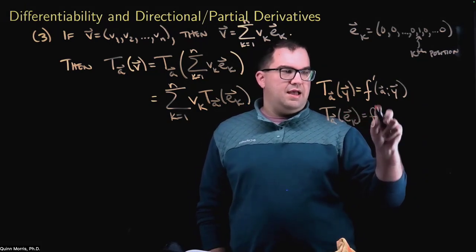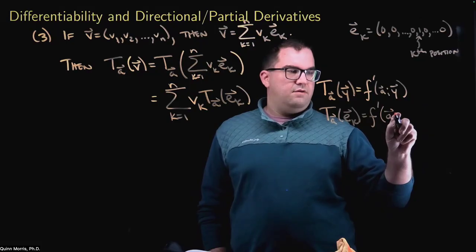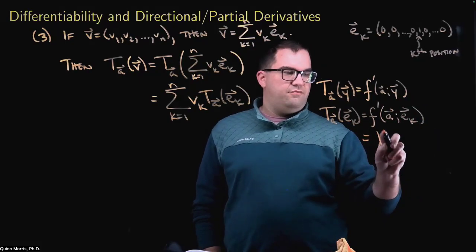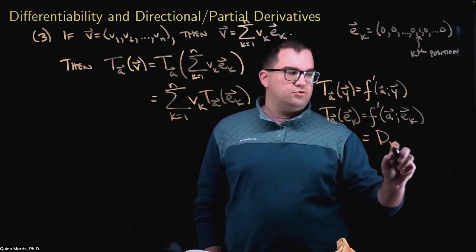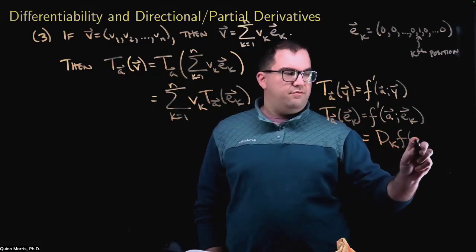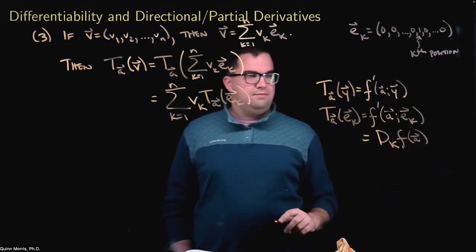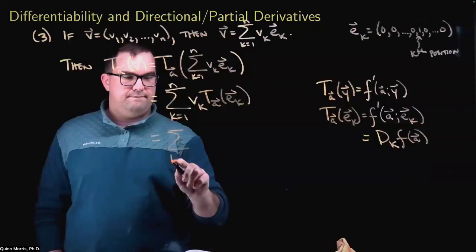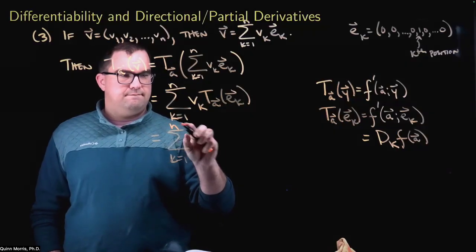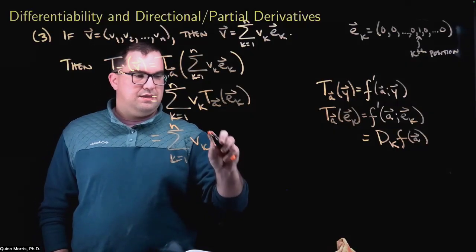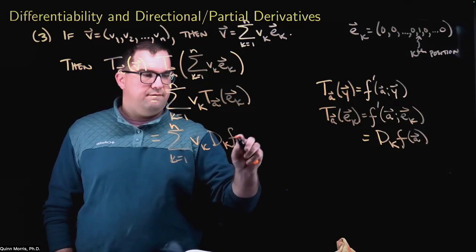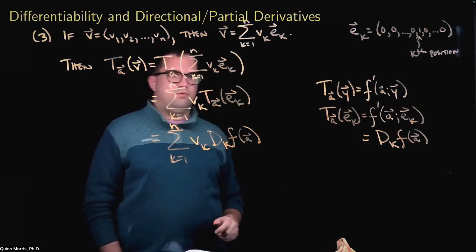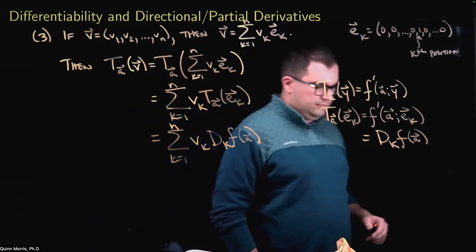Well, it ought to just be f prime of A with respect to EK, but this is exactly what we defined to be the kth partial derivative of f at A. So this term here then just becomes the kth partial derivative of f at A, giving us the formula that we desired.